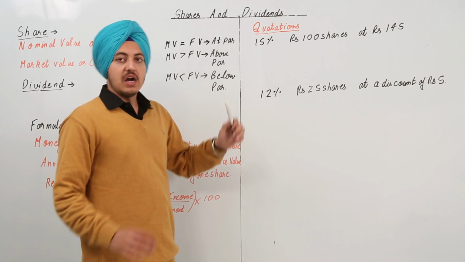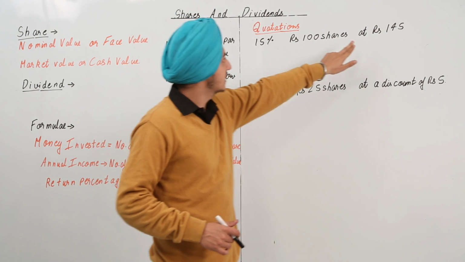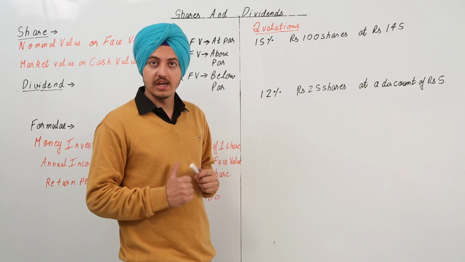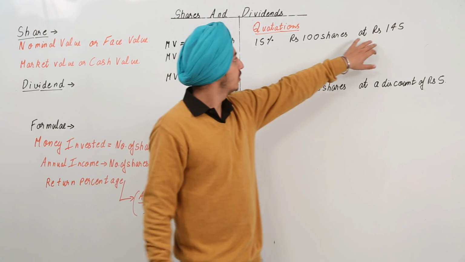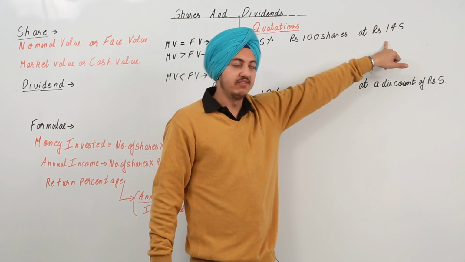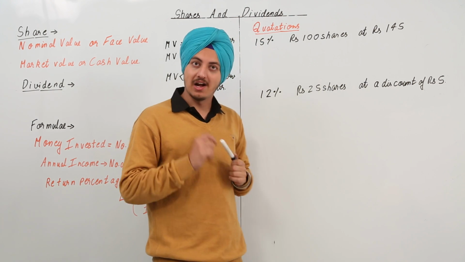Now if a question says "15% rupees 100 shares at rupees 145," what does this mean? This means that the share is available at 145. Rupees 100 shares means the face value is rupees 100.